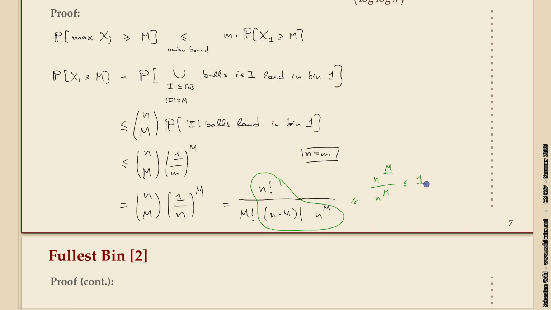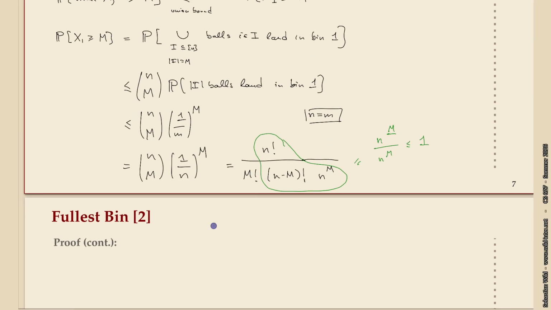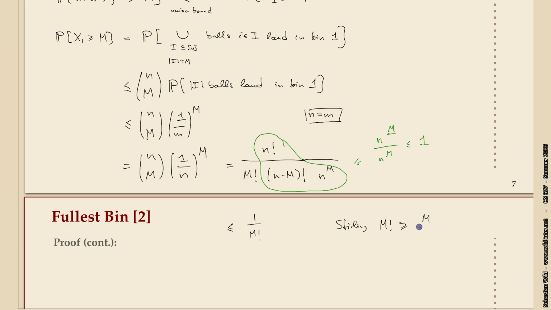Clearly this green part is at most 1. So we can upper bound the overall thing by 1 over m factorial. And then again, we can use Stirling's approximation, which in this case, we use the lower bound.